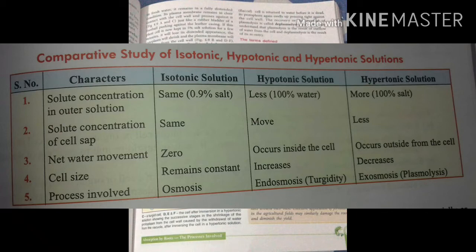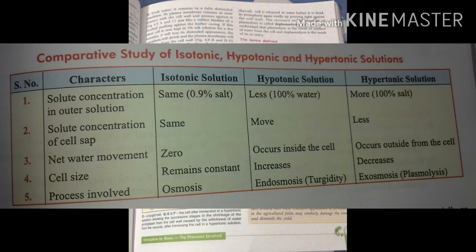Now I am giving a comparative study of isotonic, hypotonic and hypertonic solution. Character one, solute concentration in the outer solution: isotonic solution same, 0.9% salt; hypotonic solution less, 100% water; hypertonic solution more, 100% salt.